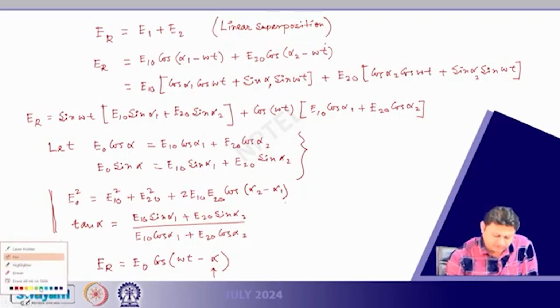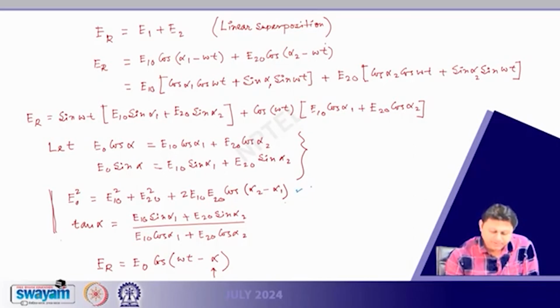So let us now check one by one. This is the resultant amplitude one can have. This resultant amplitude has E10, E20, the individual amplitudes of these two waves, and also a term sitting here which is related to the individual phases of these two waves. Alpha 1 and alpha 2 are the phases of these two waves that we had earlier.